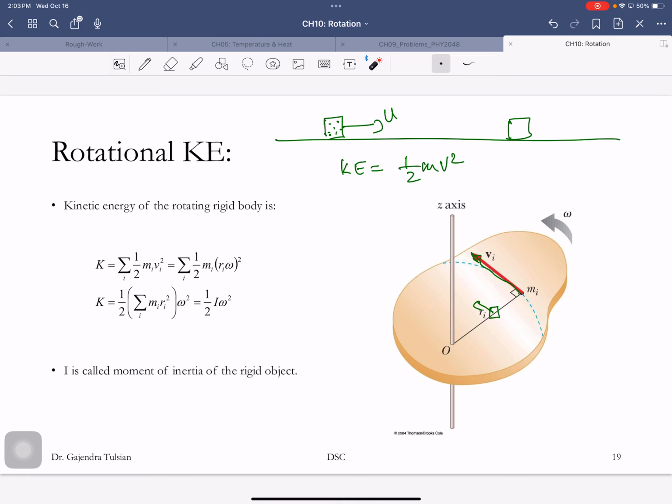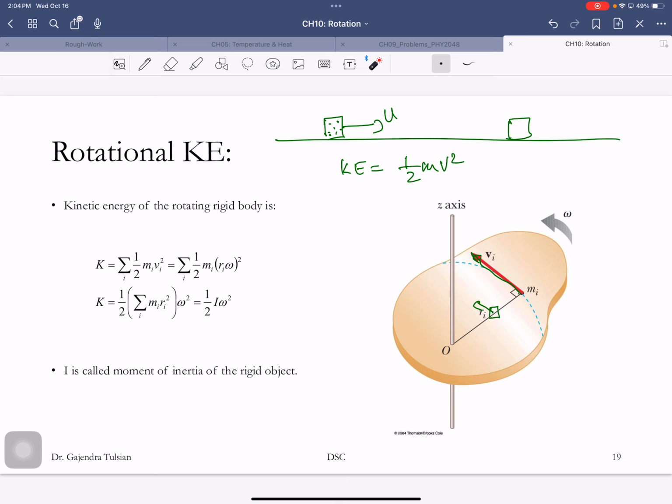The velocity is r omega, so if you square that, omega is the same, so it comes out, and the half is a common factor. What you get is this factor: the mass of each little piece times the distance of that piece from the axis of rotation squared, summed over all the little pieces.